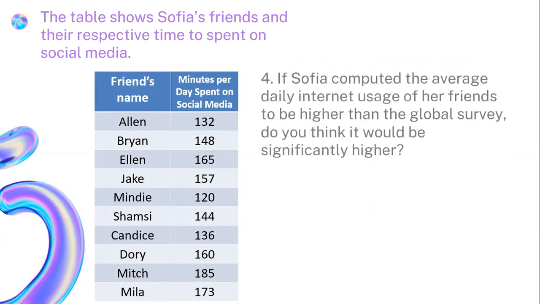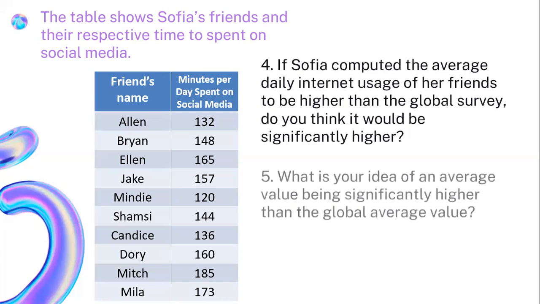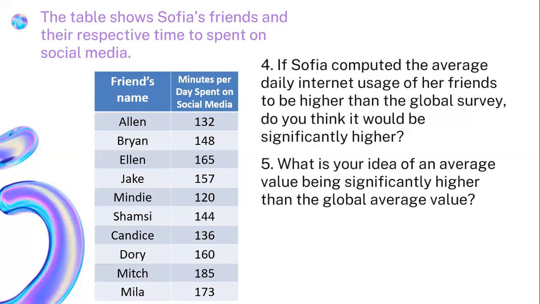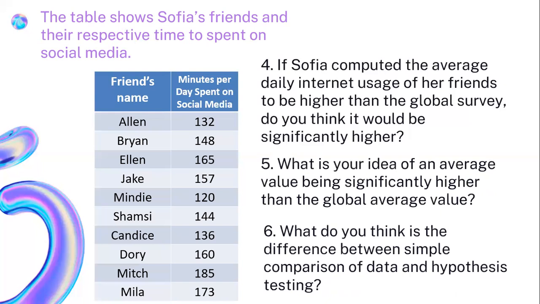Fourth, if Sophia computed the average daily internet usage of her friends to be higher than the global survey, do you think it would be significantly higher? 5. What is your idea of an average value being significantly higher than the global average value? And lastly, what do you think is the difference between simple comparison of data and hypothesis testing?